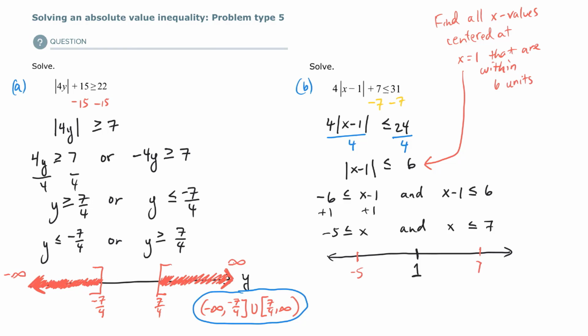Well, yeah, that's the answer stated right above. And we could shade -1, we could shade 2, we could shade 5. Can we shade 89 though? We can't shade 89. Final answer in interval notation: -5, comma, 7, and then make sure you have brackets.